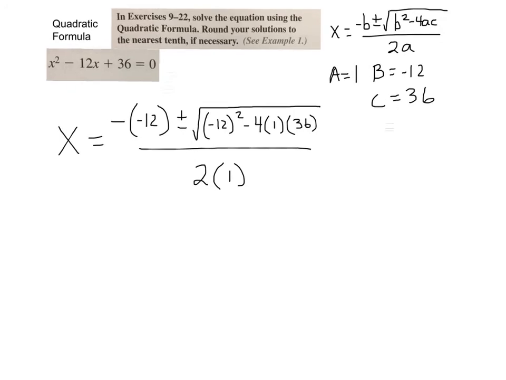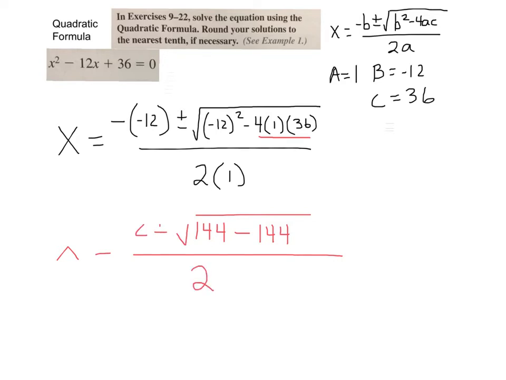So I've got x equals, and right here I have a negative and a negative. 2 negatives in a row make a positive 12, plus or minus the square root of, and then negative 12 squared is 144, minus 4 times 1 times 36 is also 144, and that's all over 2, because right here 2 times 1 is 2.